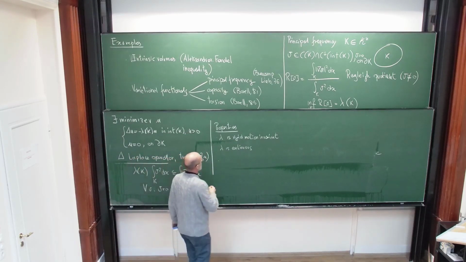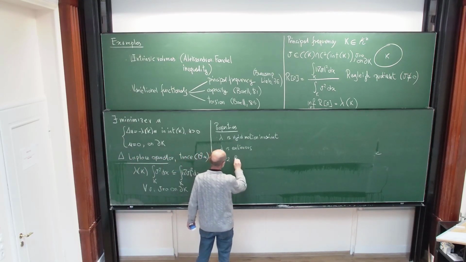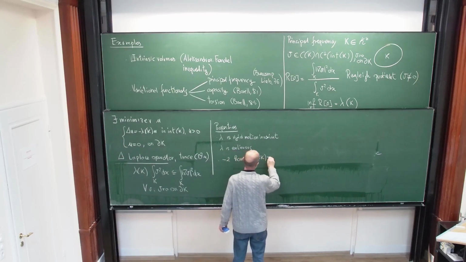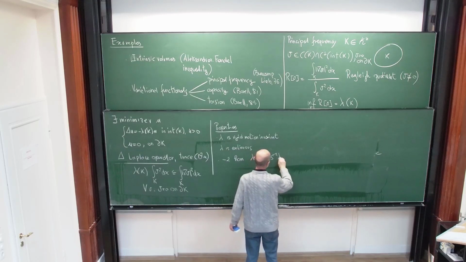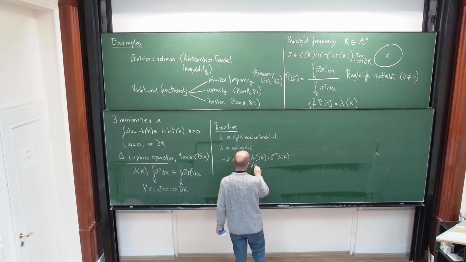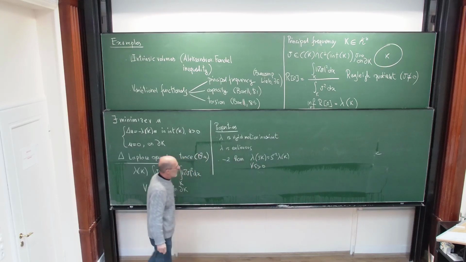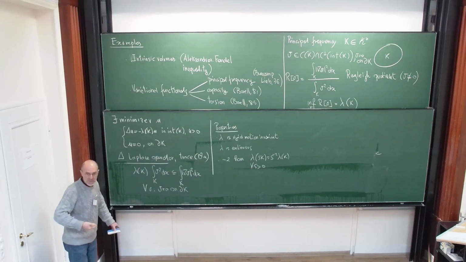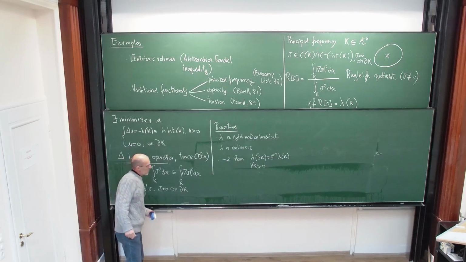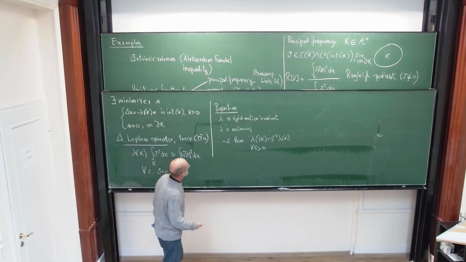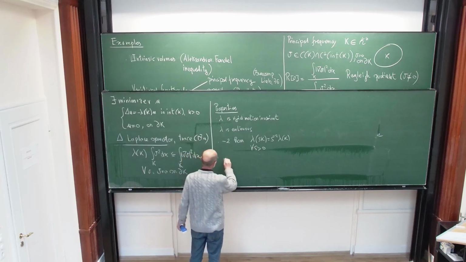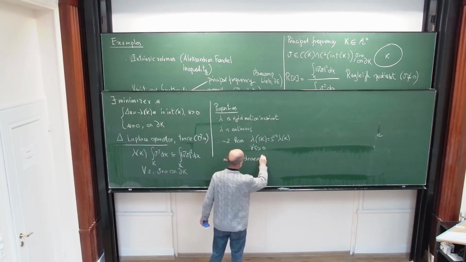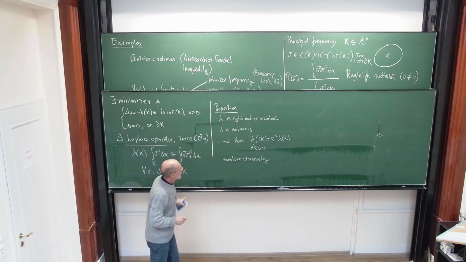It's -2 homogeneous, which means that lambda of sK is s to the power -2 lambda of K for every positive s, which means that if you shrink your drum, you hear a very high frequency sound. It's also monotone decreasing with respect to set inclusion.